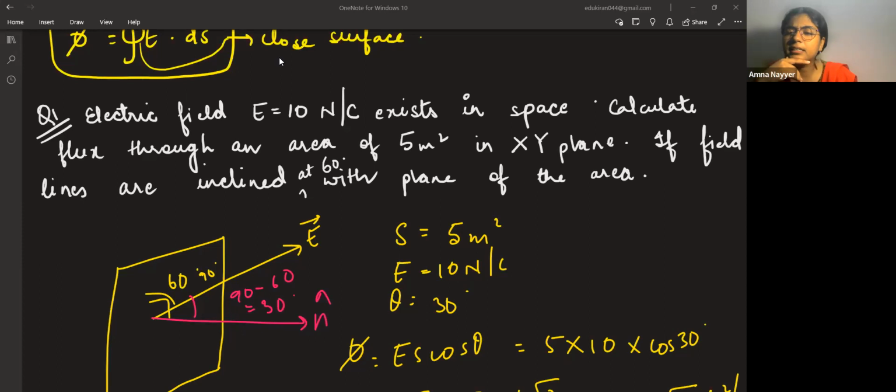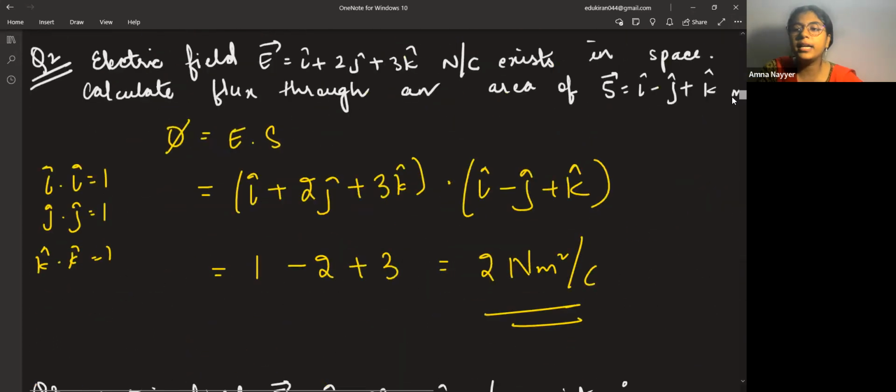Phi is equal to ES cos theta is valid over here, and we could calculate it. In the second question which we discussed yesterday, both electric field as well as the surface area were given in Cartesian form. So first question polar form, second question Cartesian form. Here we didn't require any angle because we could simply take the dot product of both.